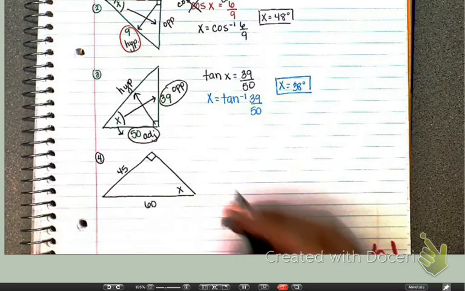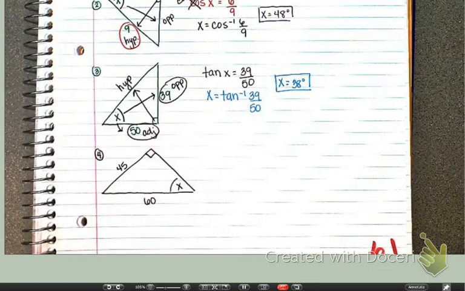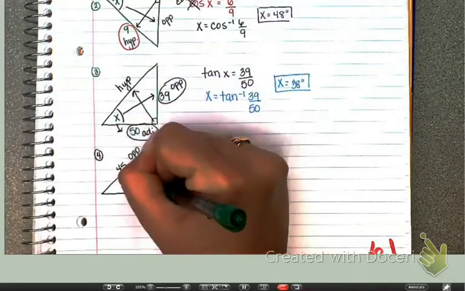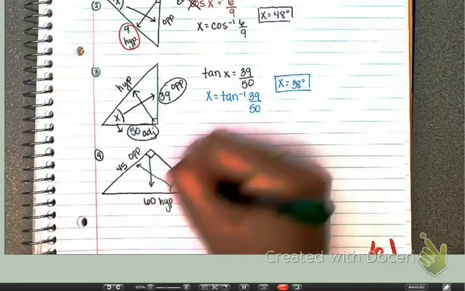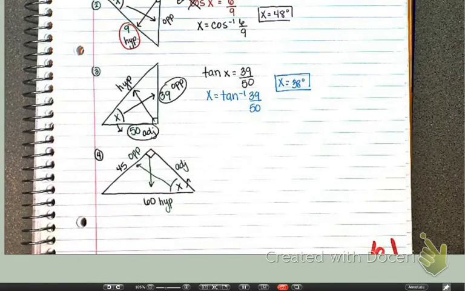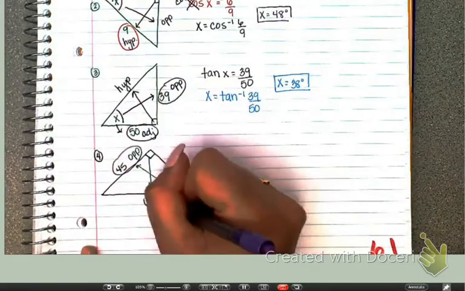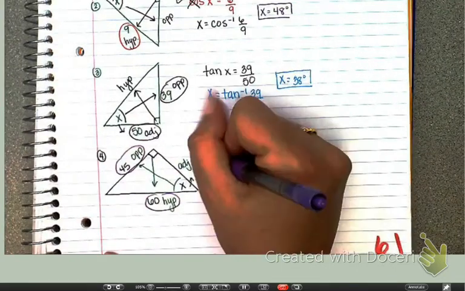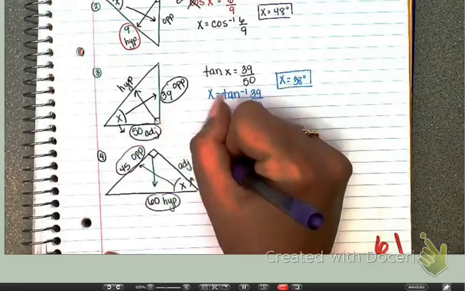Here we go. Across from my angle is the opposite. Across from the 90 is the hypotenuse. Next to it is the adjacent. I'm using the opposite and the hypotenuse. Sine, cosine, tangent. Which one? Sine.